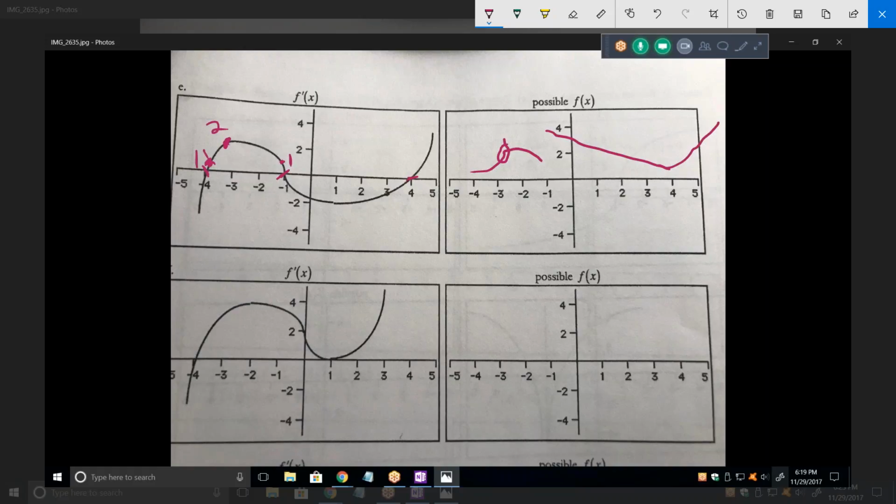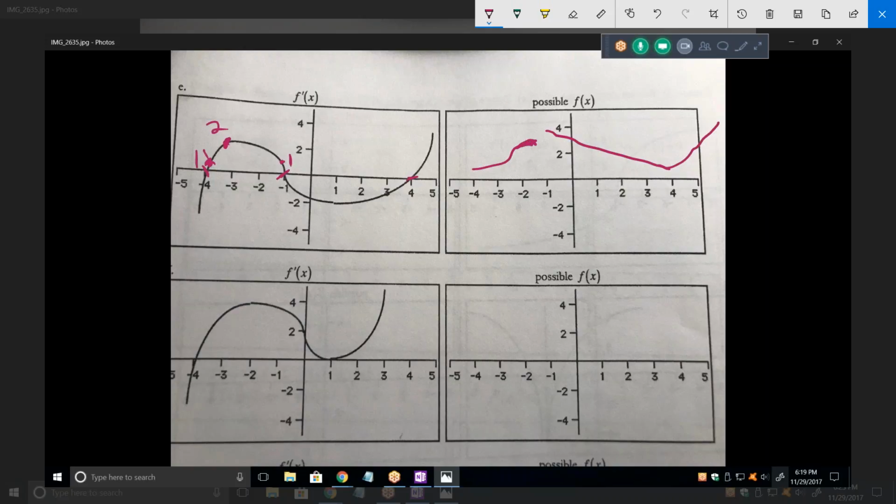But then, after -3, the slope starts getting less. So this picture, redraw it again. I believe it looks something like that.